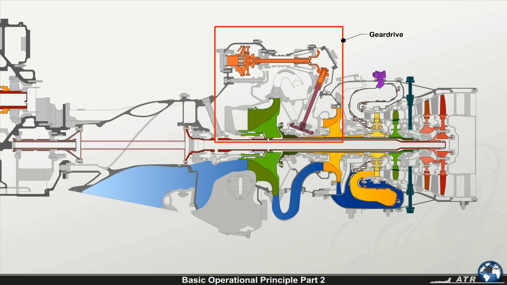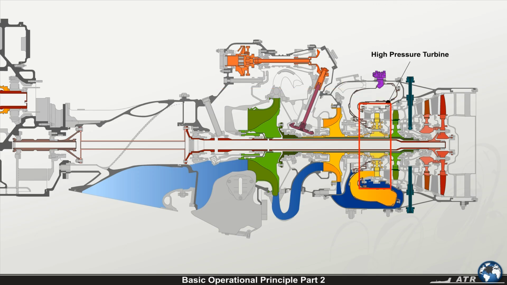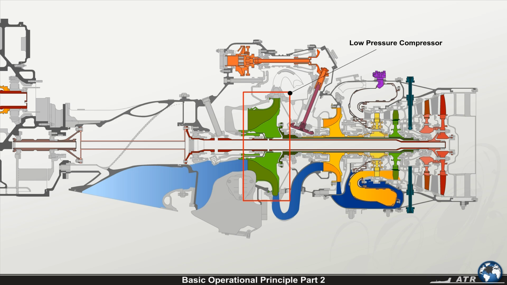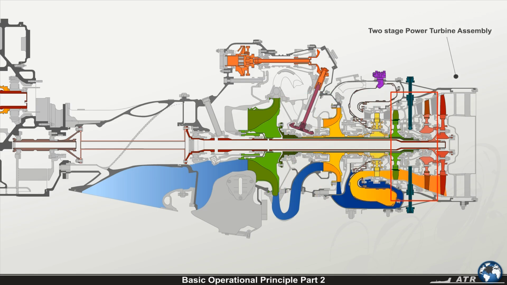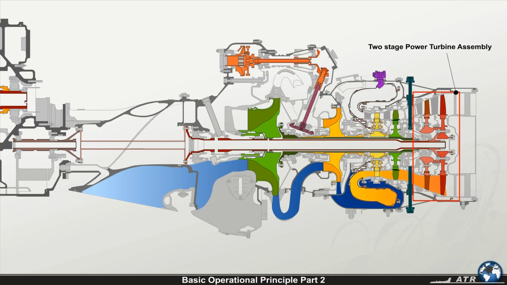A gear drive attached to this compressor drives the accessory gearbox mounted on the top section of the turbo machinery. Mounted behind the high-pressure turbine is a single-stage low-pressure turbine, which also extracts gas energy to drive the low-pressure compressor. As the combustion gases continue to flow rearward, they are directed towards the two-stage power turbine assembly.